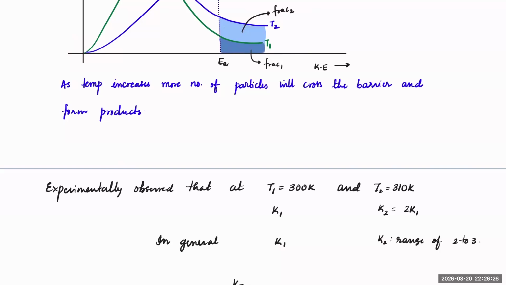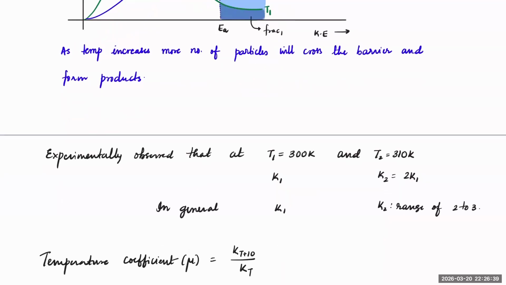Why? Because the rate constant is directly dependent on the temperature term. If temperature increases, rate constant increases, hence the rate of the reaction increases, and the number of particles crossing the barrier to form products increases.